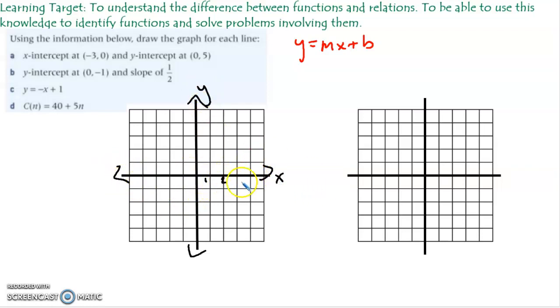Again, this time, although it's tedious, it is necessary to put all of these pieces of information in when you're seeing an IB command term of draw. So let's start with that y-intercept of +1.